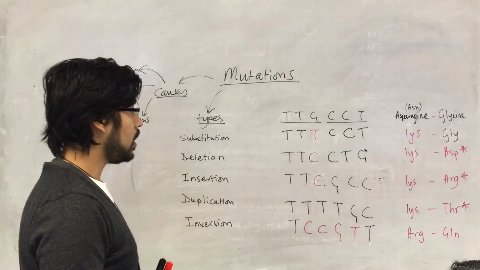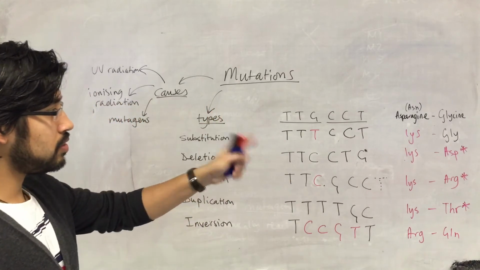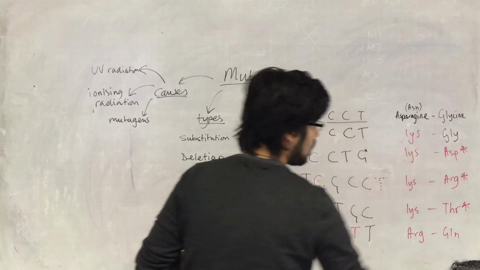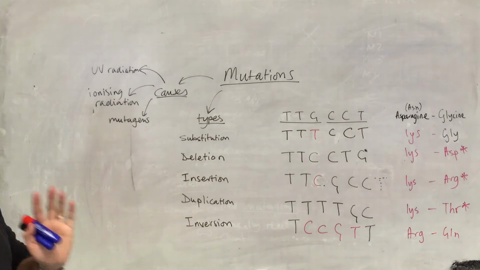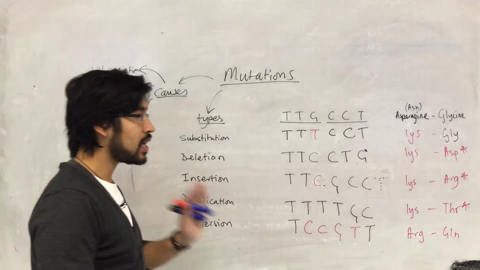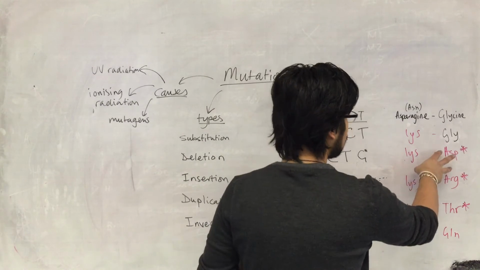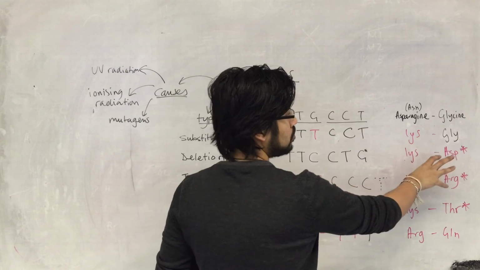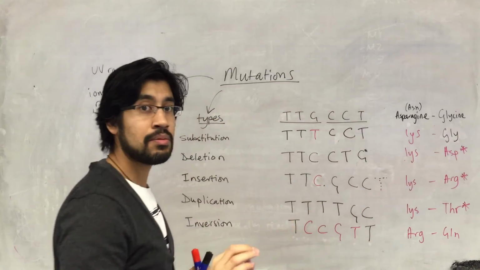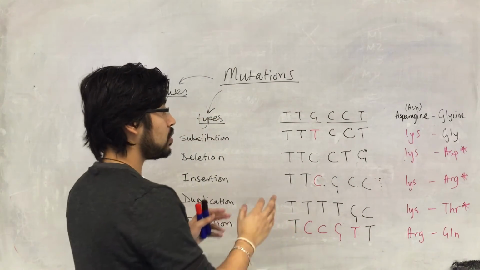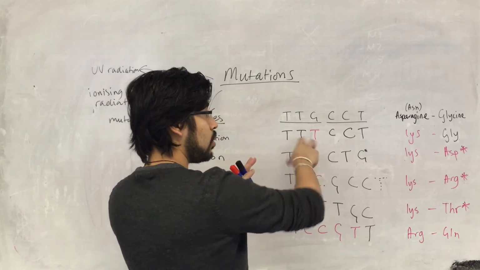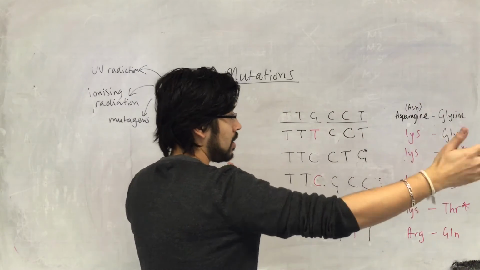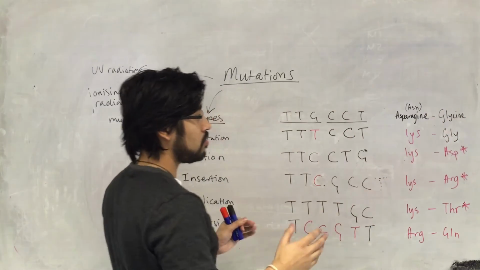You will have noticed that I've put an asterisk in those places simply to indicate that there is a potential for this deletion to cause a frame shift situation, which means that we don't just have a localized change that doesn't affect other amino acids or codons further on.